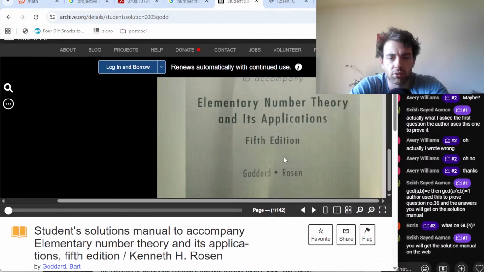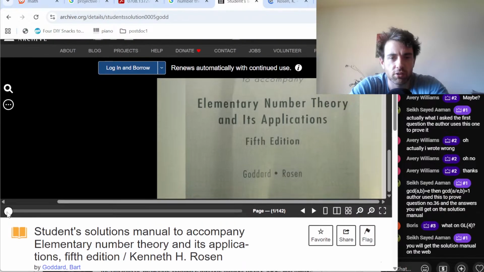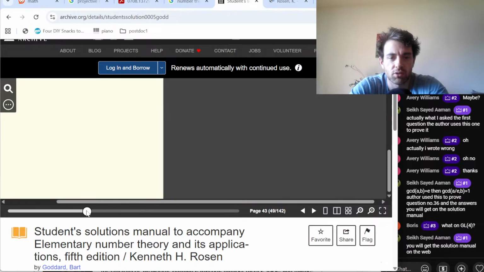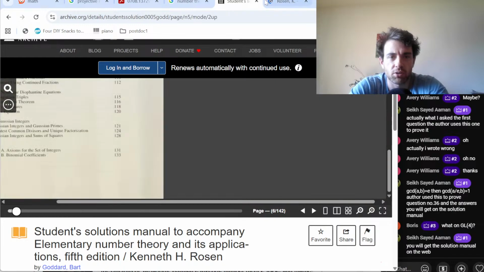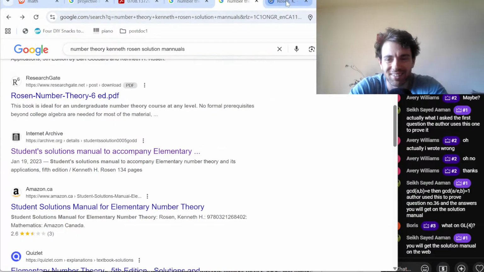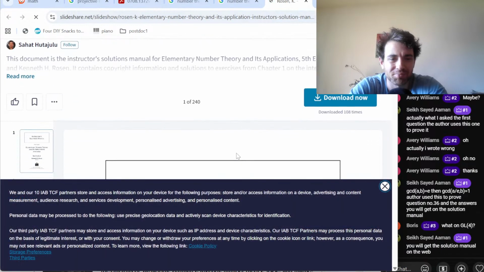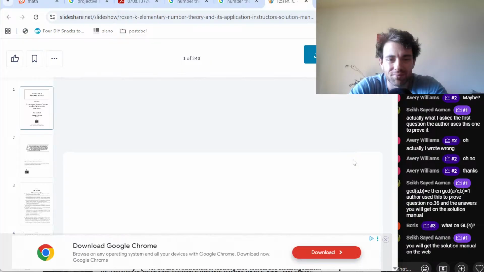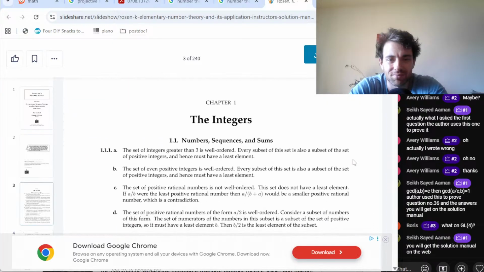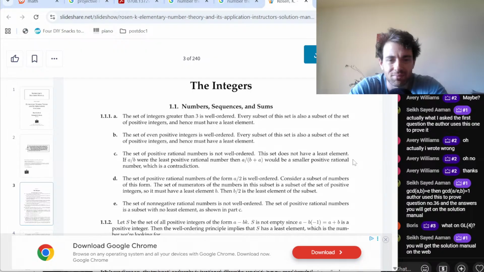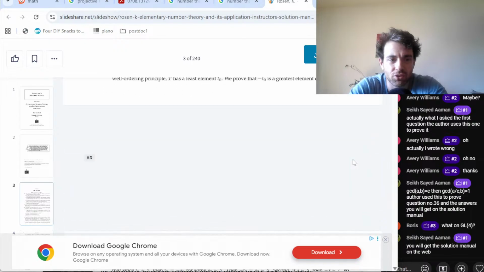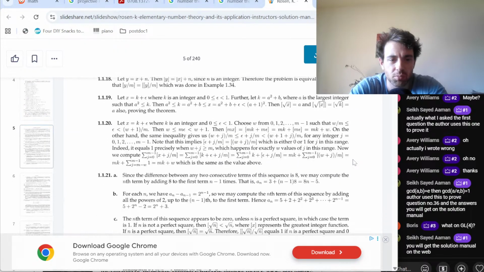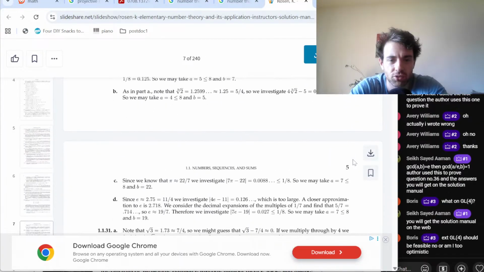I hate these kinds of documents that aren't just a PDF. That's a nightmare. If that's what I have to look through, I'm sorry, then I can't help you. I just can't. Oh, is this the solution manual? Okay, maybe this is doable if this is the solution manual.